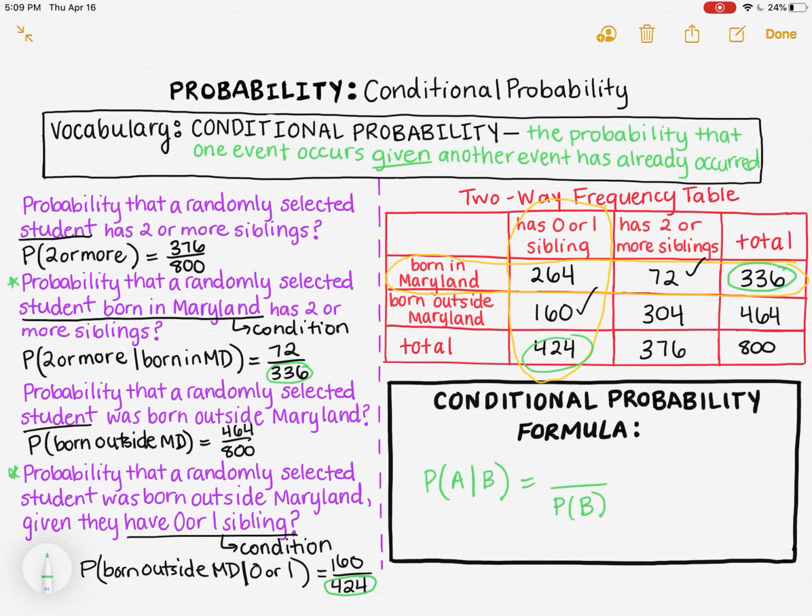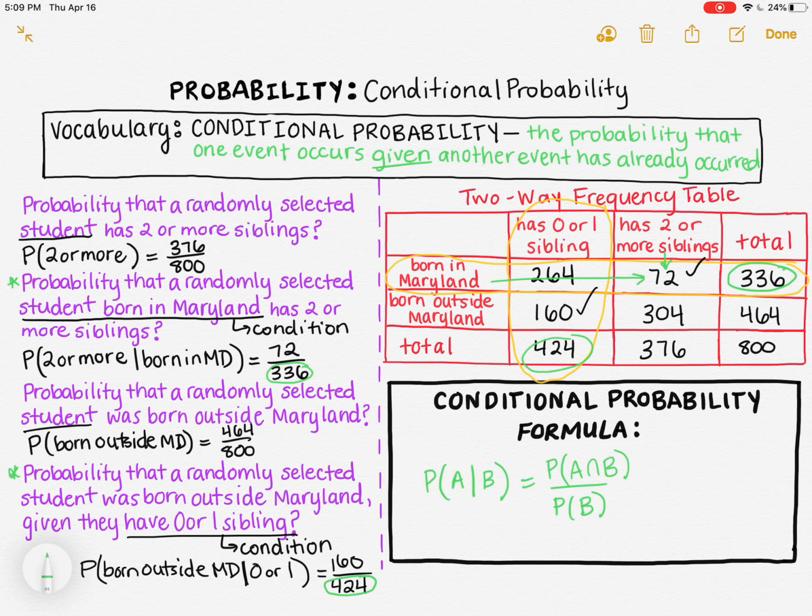That's our condition. Then in our numerator, we always use the probability that A and B occur. So if you think back to the first starred question, our numerator was 72. 72 comes from the box where students have 2 or more siblings and they're born in Maryland. So the probability that a student has 2 or more siblings and is born in Maryland is what went in the numerator.